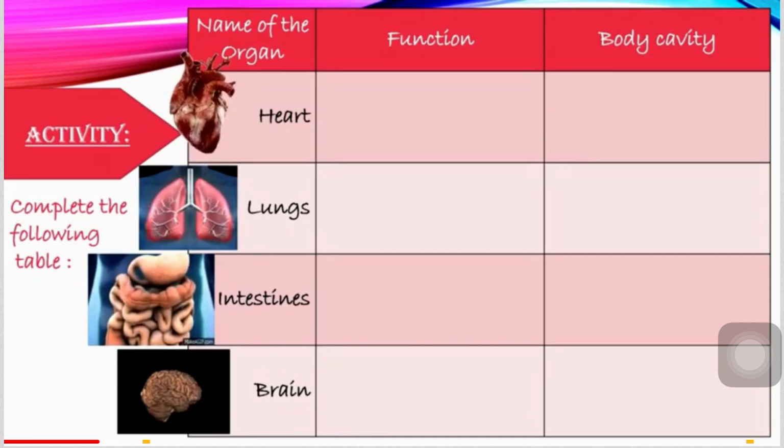As you all know, in the previous classes we have learnt about some organ systems, their functions and their locations in our body. So, with the help of that, let us try to complete the following table. This table consists of the name of the organ, function and body cavity.